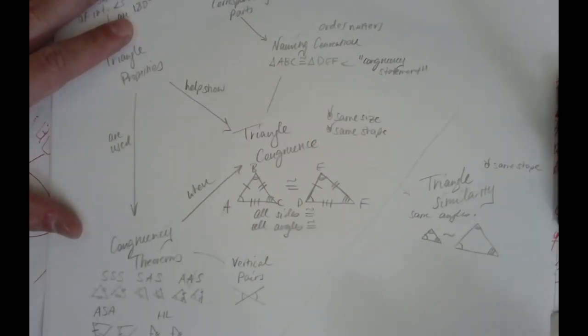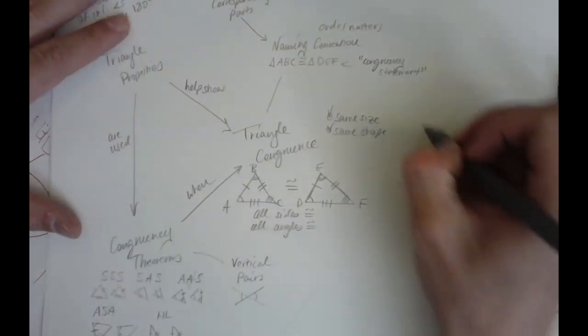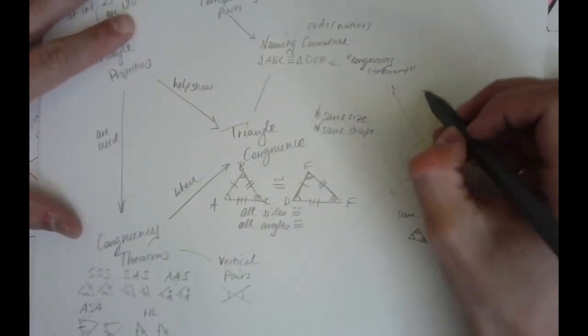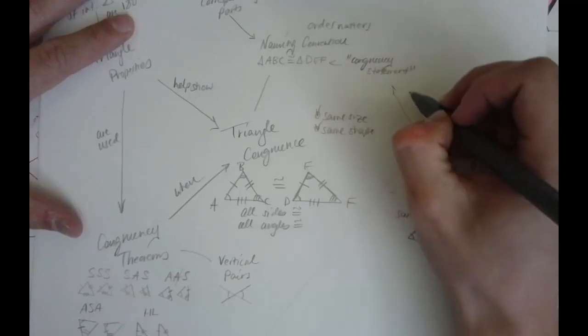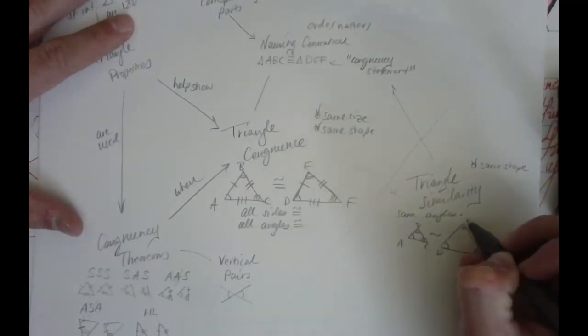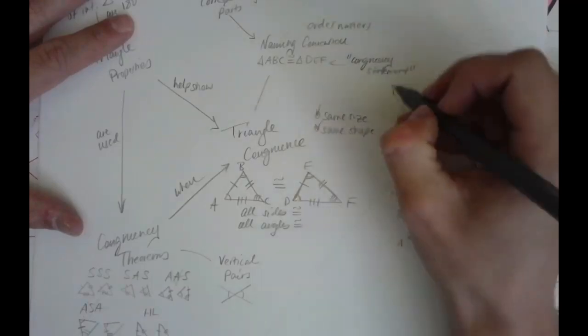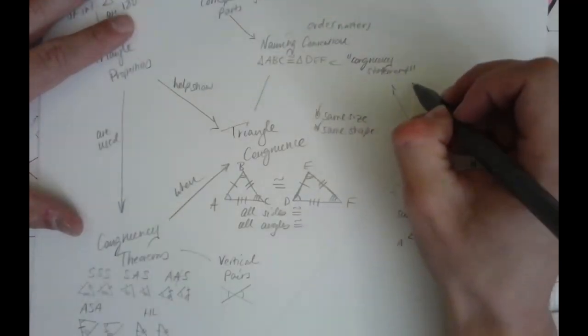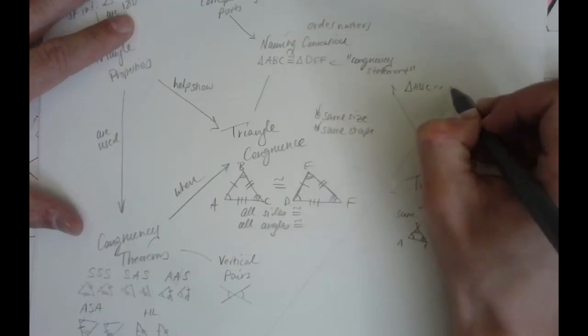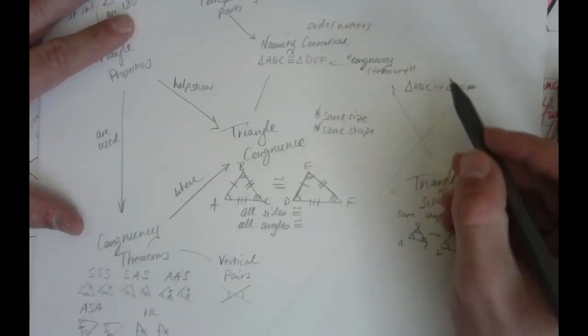We also have a naming convention for this one, except it is using the similarity. Here, this was ABC, and this was DEF. We would say triangle ABC, and the order still matters, is similar to triangle DEF.